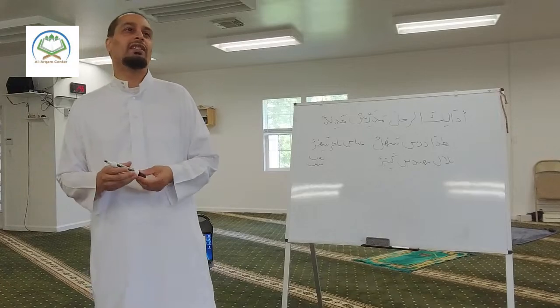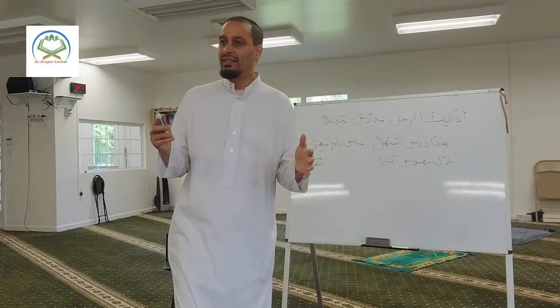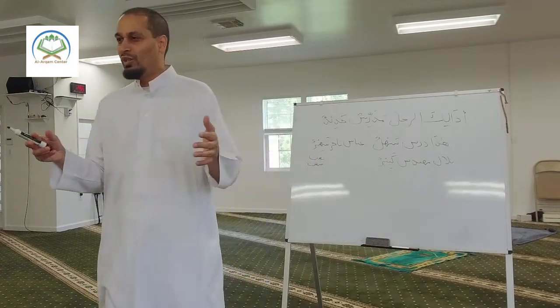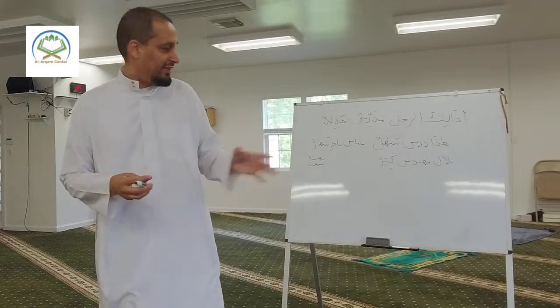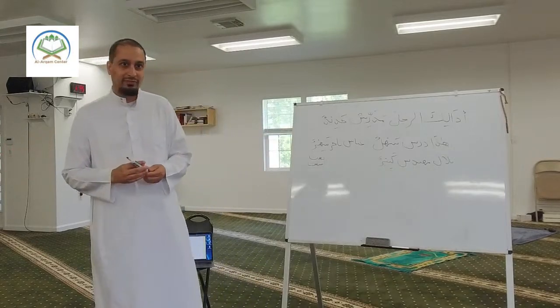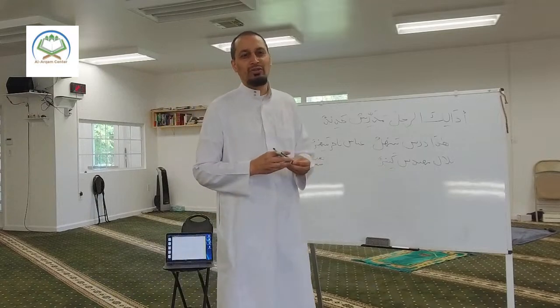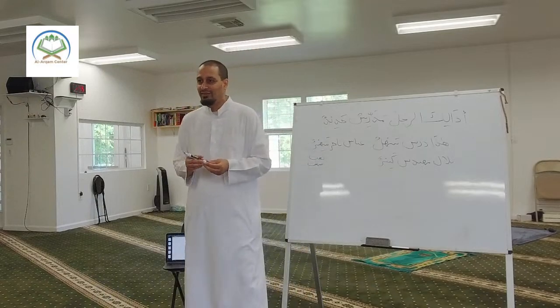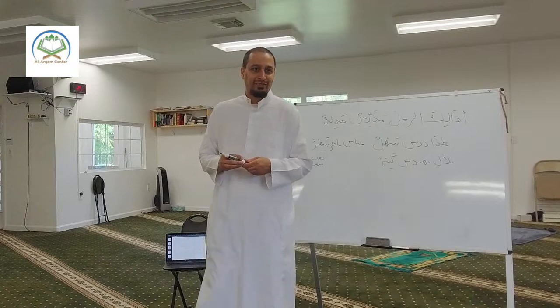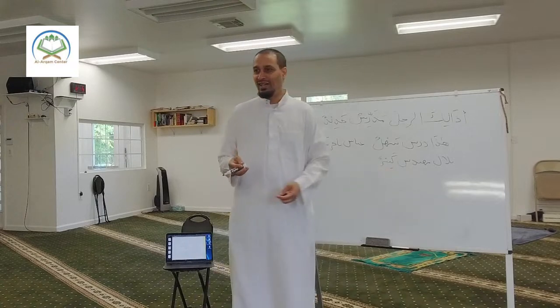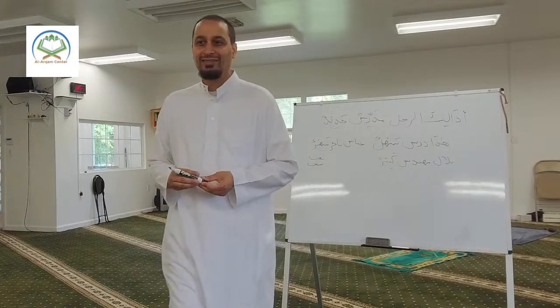If you want to say someone is a senior engineer, Muhandisun Kabir. When you say size, how do you say it? Saminun. That would be like fat. Bilalun Muhandisun Saminun, Bilal is a fat engineer.